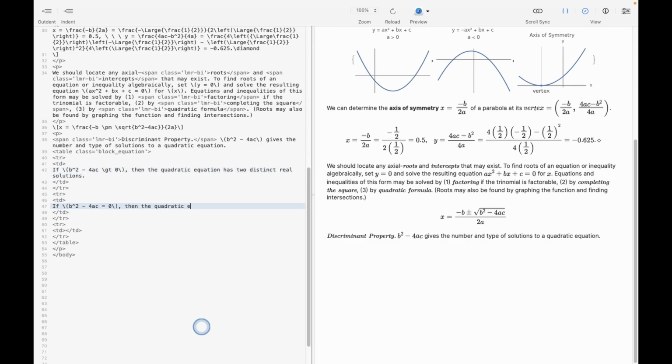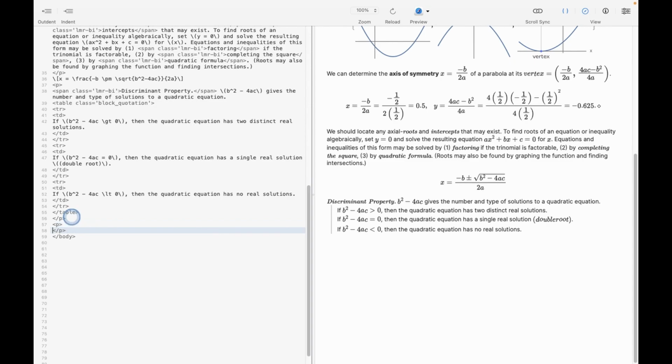If the discriminant is equal to 0, then the quadratic equation or inequality has a single real solution, which is often termed the double root. If the discriminant is less than 0, then the quadratic equation has no real solutions, and we're in the realm of complex numbers and imaginary numbers and so on. Okay, we'll get into that more later.